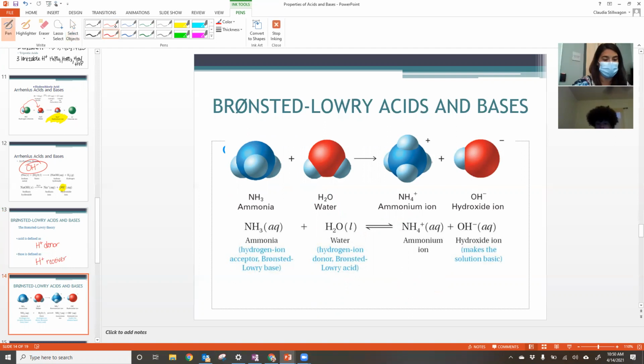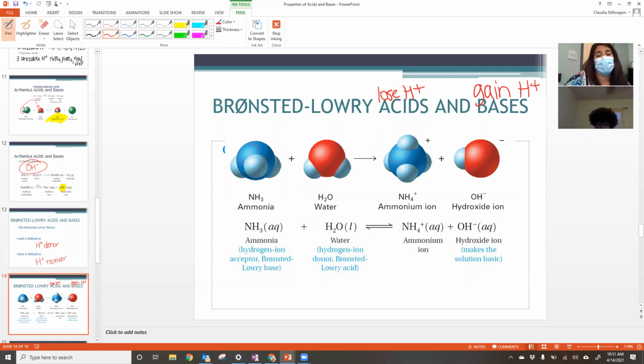So we're going to practice with this, not to worry. But reminder, acids are going to lose a hydrogen and a base is going to gain a hydrogen. That's our key, or you can use the word receiver, donor, acceptor, whatever.